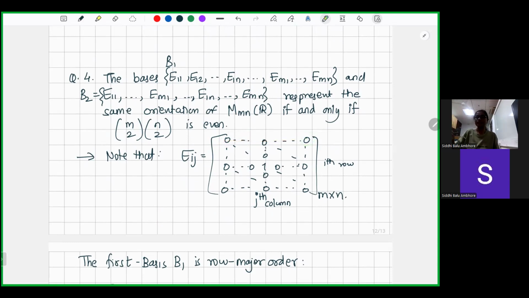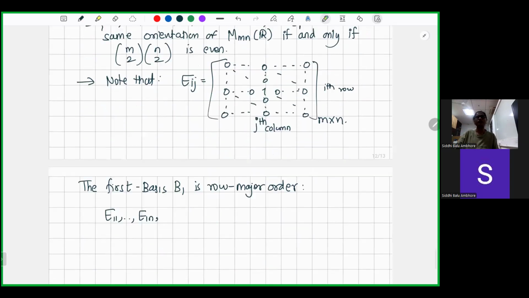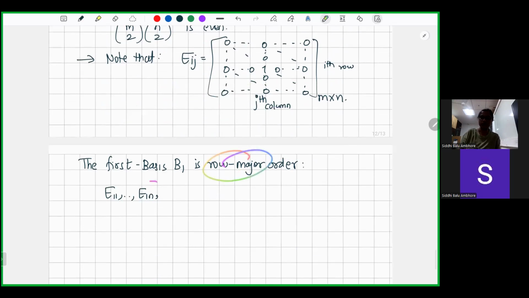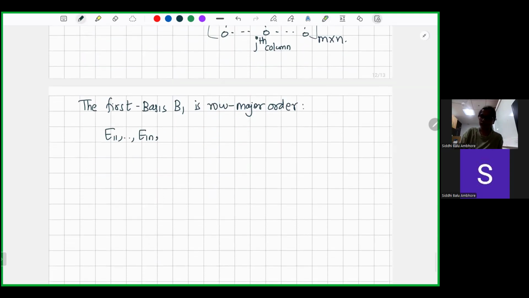So row major means it is first generating the first row, then aligning all the elements containing the second row, third row, and so on, up to the mth row. So the basis is arranged such that the first n elements give me information about the first row. Okay, so that's what row major order means.